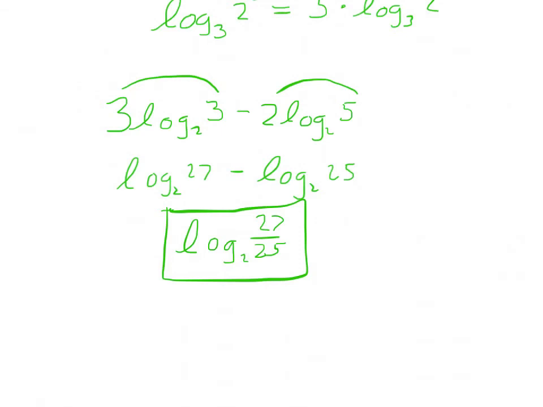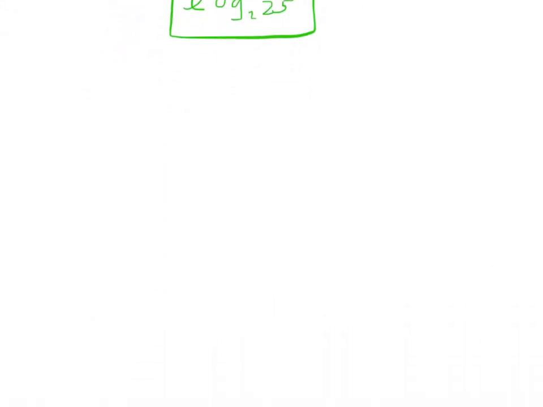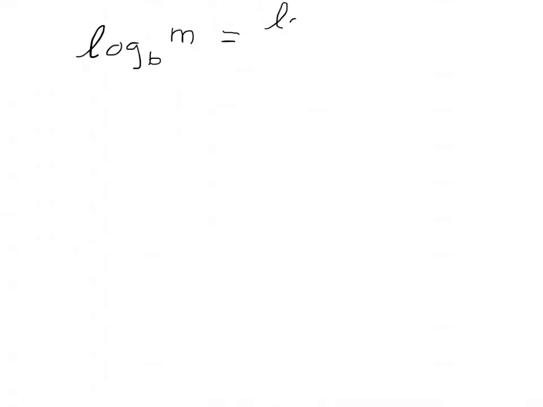The one other thing I wanted to cover in this video is the change of base formula, which is something that a lot of people just memorize in intermediate algebra and then kind of don't do anything with it. And I'm hoping to show you more than that today. This formula says if you have the log base anything of some number, you can rewrite it as a log of any other base.